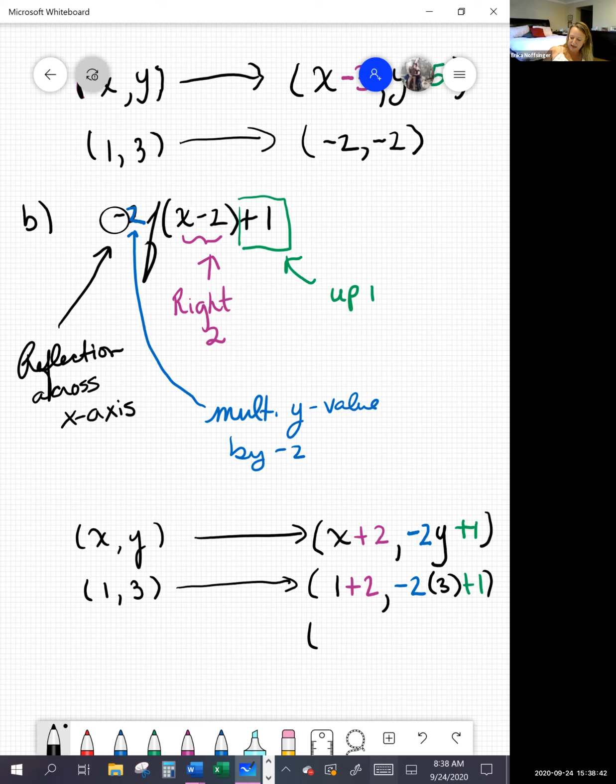So we have a point at 3, comma, -2 times 3 is -6. -6 plus 1 is -5. Okay, so our new point is (3, -5).